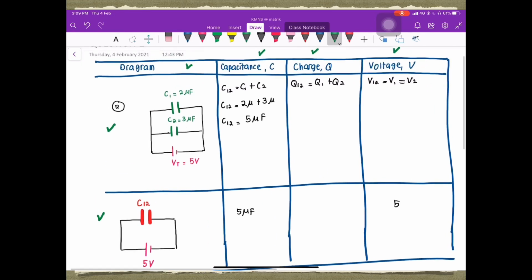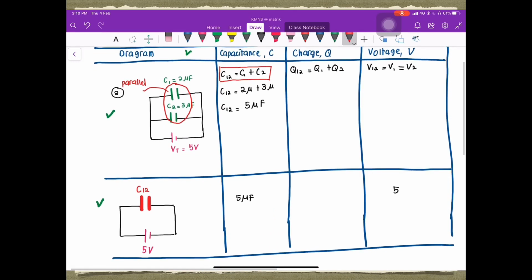Looking at C1 and C2, we can combine them as a parallel combination. This is the equation for calculating parallel capacitance, and we get 5 microfarad.